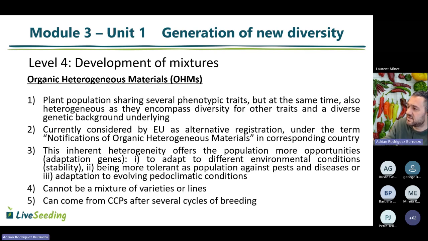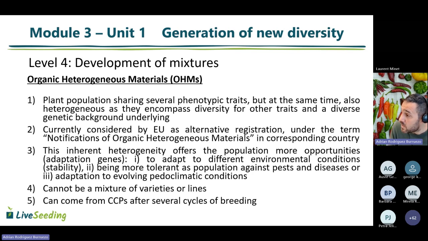These traits are common to all the plants, but at the same time, by contrast, they are also heterogeneous, encompassing diversity for other traits that are not relevant for marketing or our breeding objectives. We have standardized for the most important phenotypic traits, but not the others.